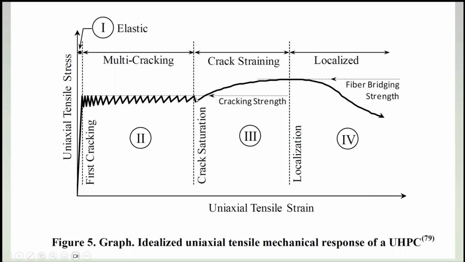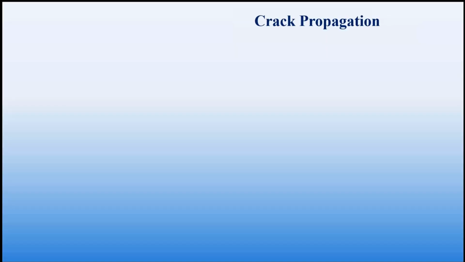At some point, one of the cracks at the location of the maximum moment, the steel fibers pull out, and localization takes place. This is a point that I'm pretty sure Ben is going to discuss a little more. From that point on, one crack becomes dominant, and the rest of the cracks don't get wider, but that one particular crack starts getting wider. The same thing happens in this case.